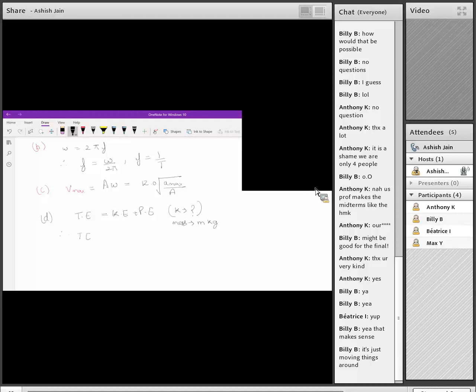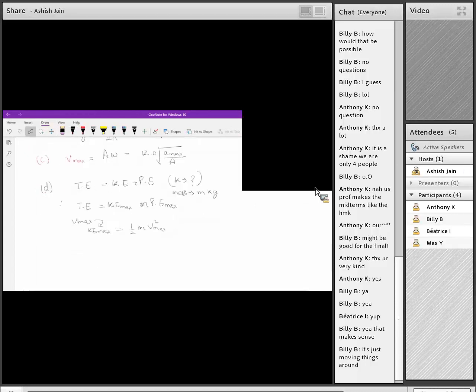Total energy can also be written as KE max or PE max. In the previous question, we had V max, and we used that to calculate KE max, which is half m V max square. From here, we substitute from the previous, then we can find the max total energy.